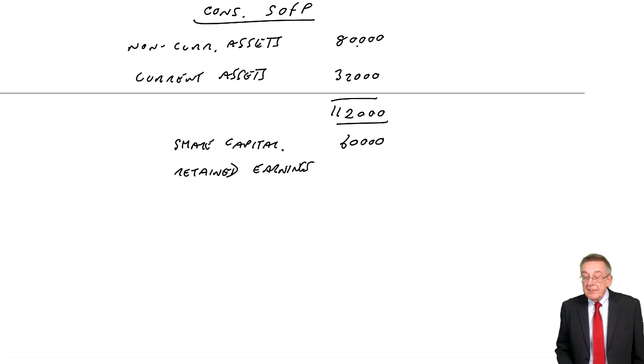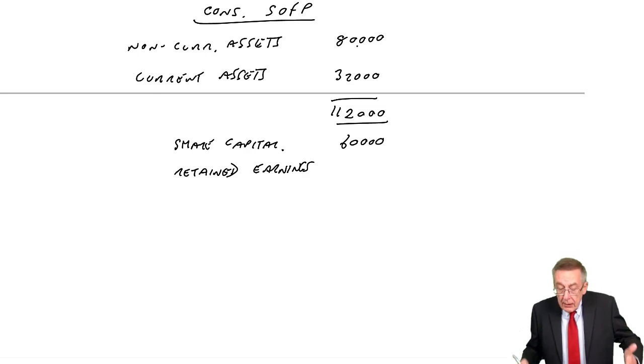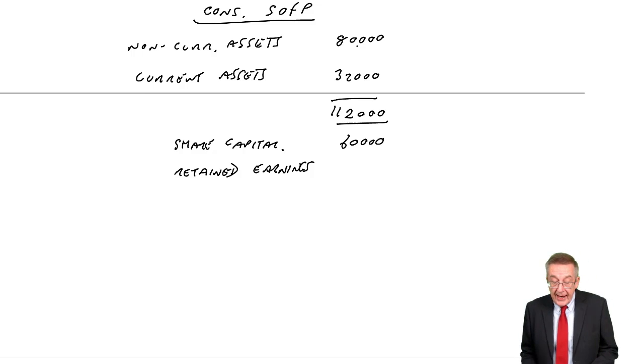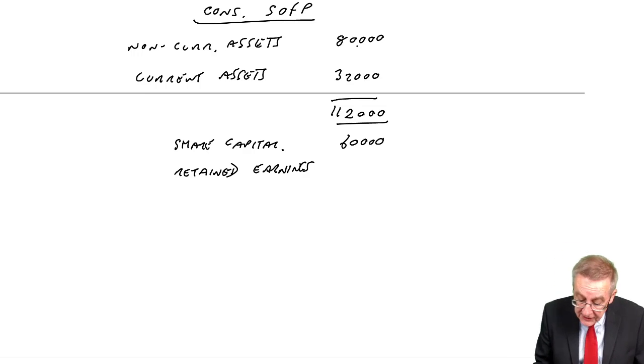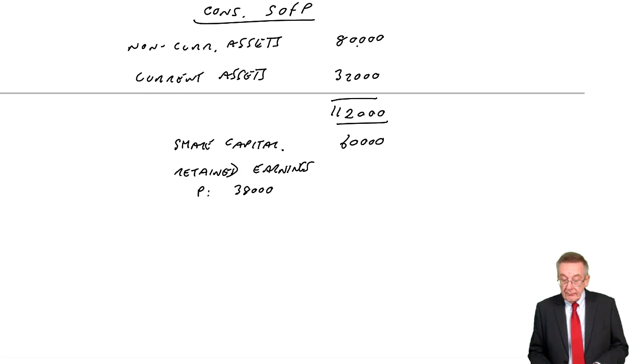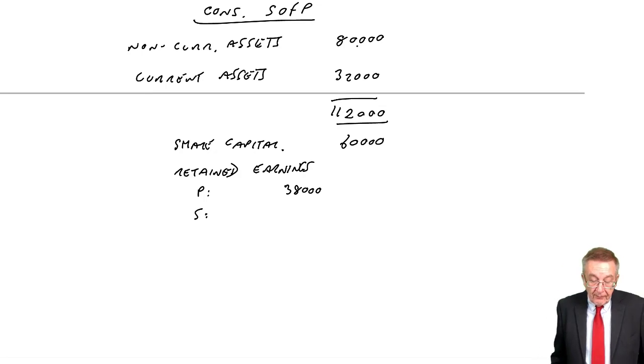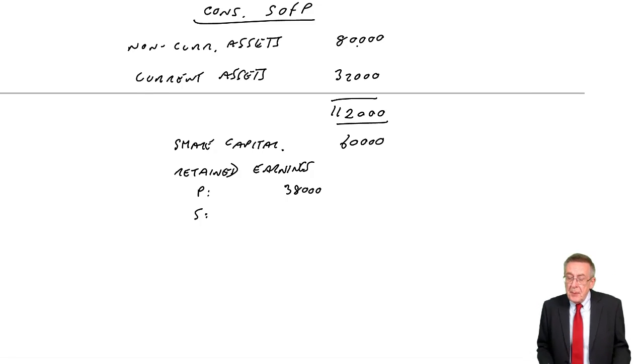I'll do little workings here because what retained earnings are belonging now to the shareholders of P, I beg your pardon. Obviously, all of P's retained earnings, 38,000. However, as far as S is concerned, although the retained earnings are now 15,000, they weren't all earned since P bought the shares.